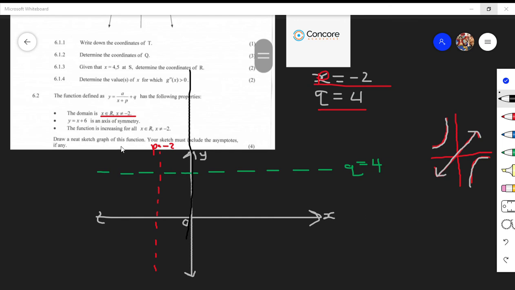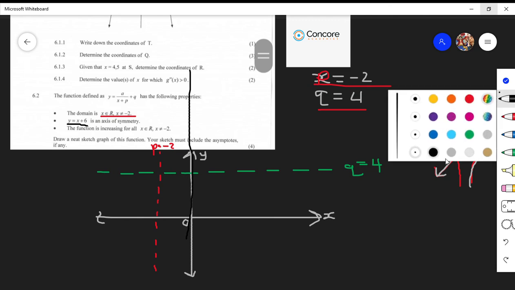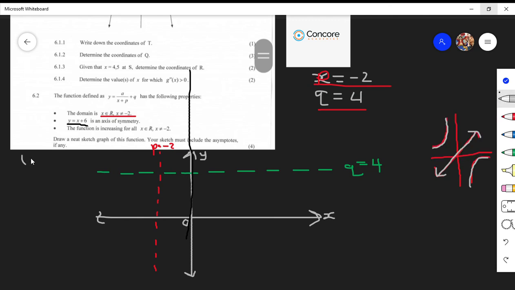Okay, so remember before we calculated our value of q using our straight line axis of symmetry. Let me explain that again. So we had y is equal to x plus 6, right? This is our axis of symmetry. And remember, y is the same as saying q, because q is equal to y and x is equal to p.